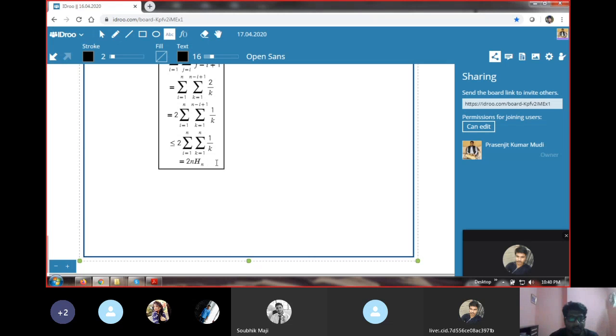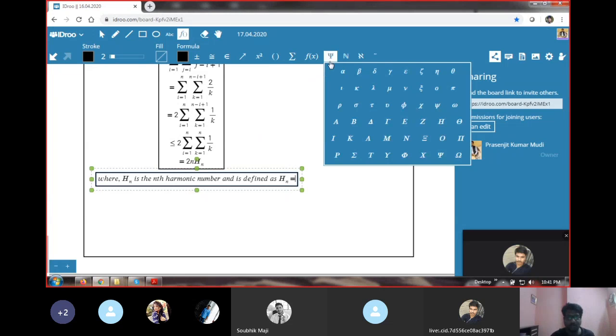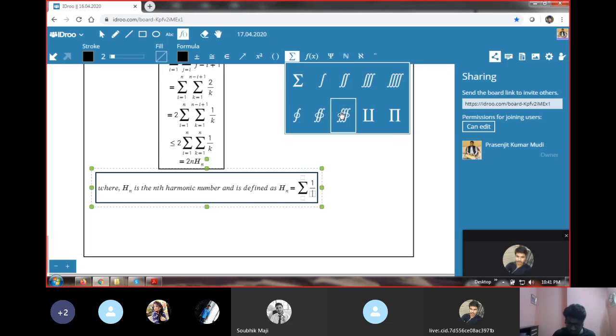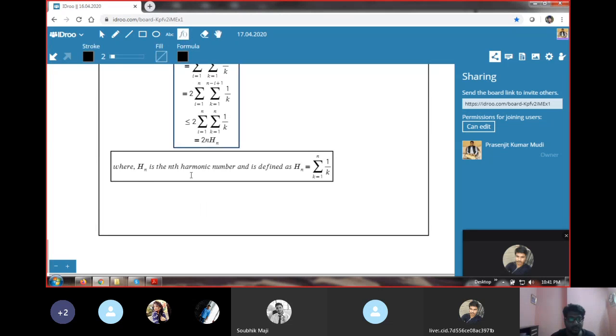Here Hn is the harmonic number, the summation of 1 upon k from k equal to 1 to n. So we got the result for the expectation of X.